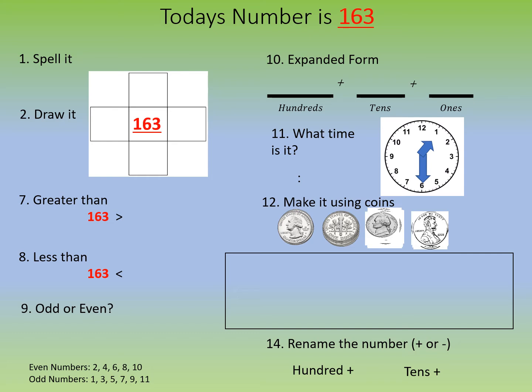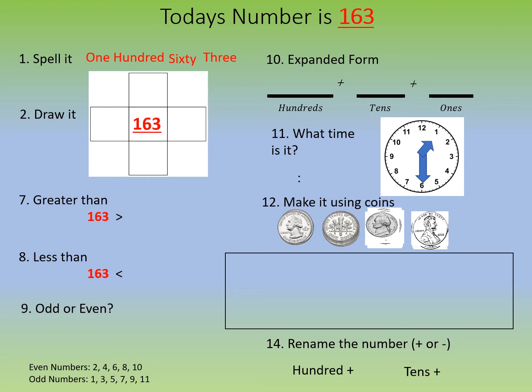First, we have to spell it. 163. 1, O-N-E. 100, H-U-N-D-R-E-D. 60, S-I-X-T-Y. 3, T-H-R-E-E. 163. Draw it.